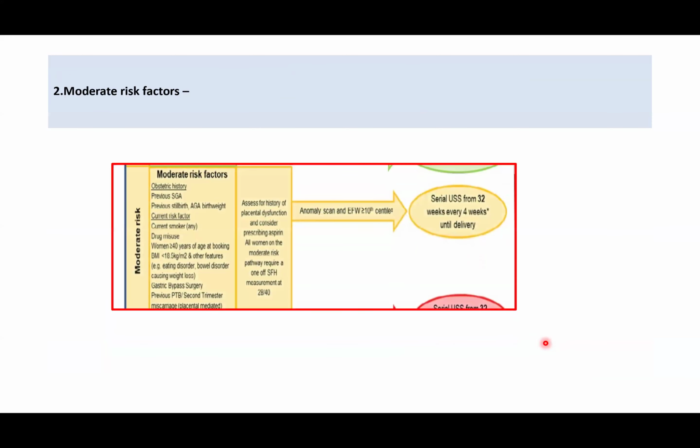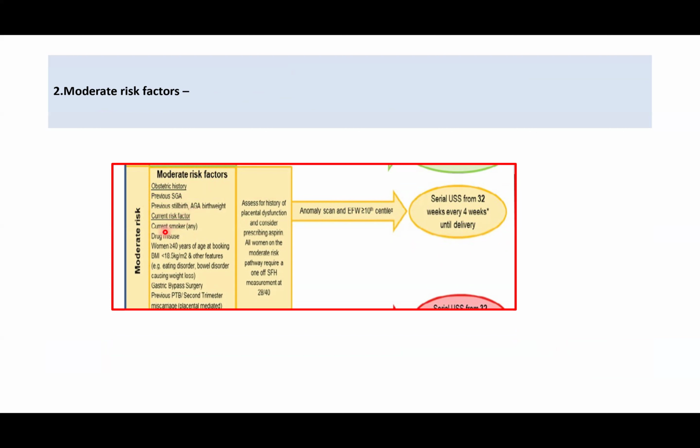How to do surveillance in moderate risk factors. So here we have to take the history from the woman and inquire about her previous obstetric history, whether she has a previous SGA baby, or a previous stillbirth where the baby was appropriate for gestational age.